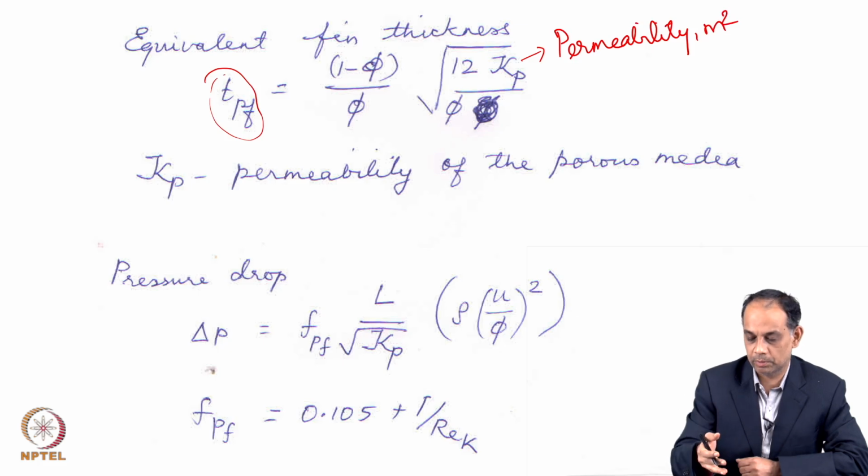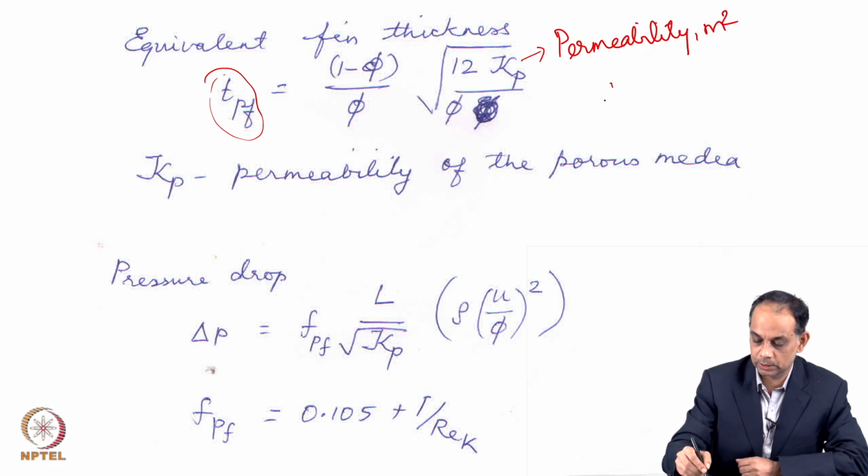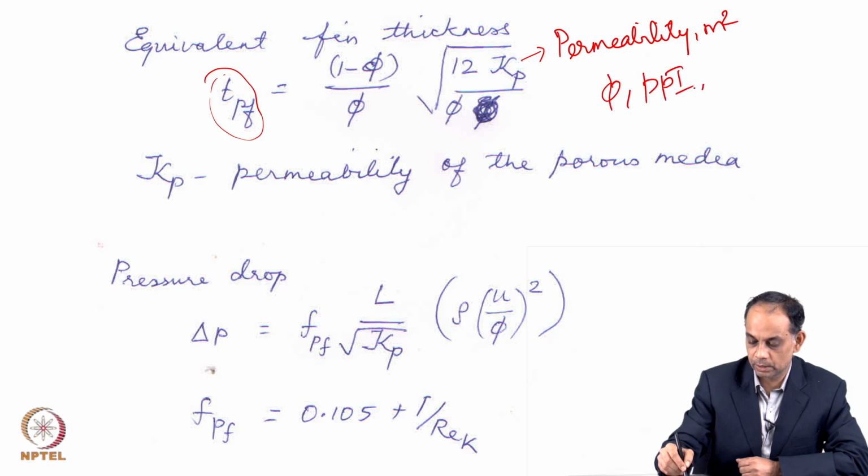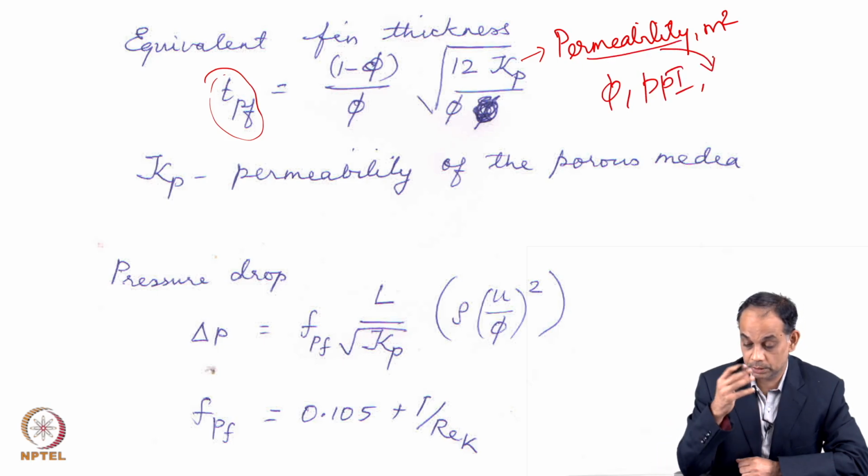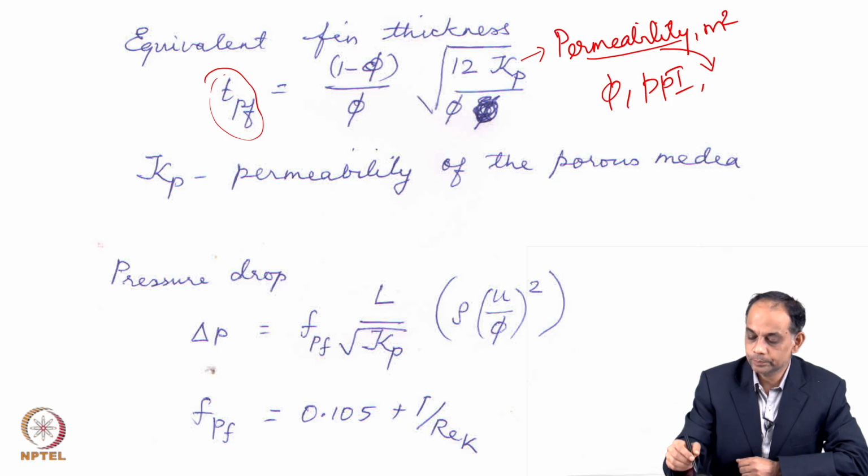For the given porosity and pores per inch, or pore density, this is often given. So for the given foam dimensions, the pores per inch, which is the number of pores that exist per linear inch, and the porosity, we obtain the value of permeability.